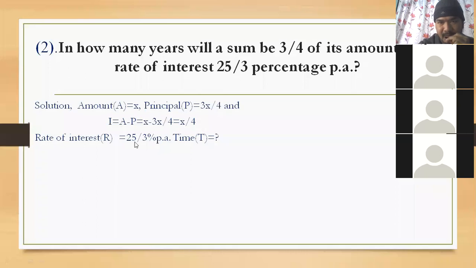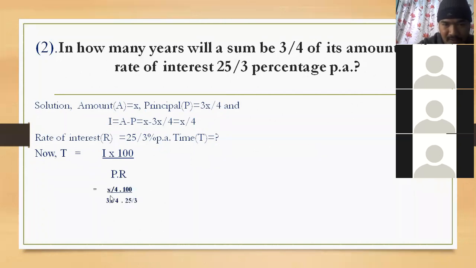Then if you convert that into an improper fraction, 25 by 3 will come. Then we are asked to find time. How to find time? We know time equals I into 100 by P into R, principal into rate. Then put the values there. X cancels, 4 also cancels, this 3 and this 3 below in 25 by 3 also cancel.